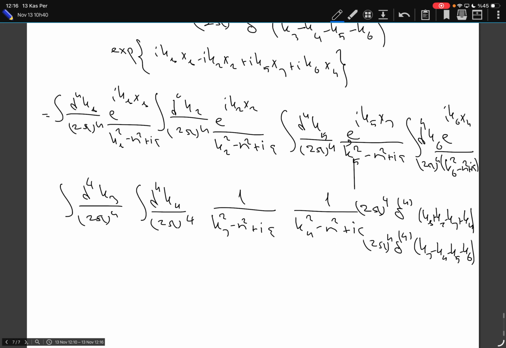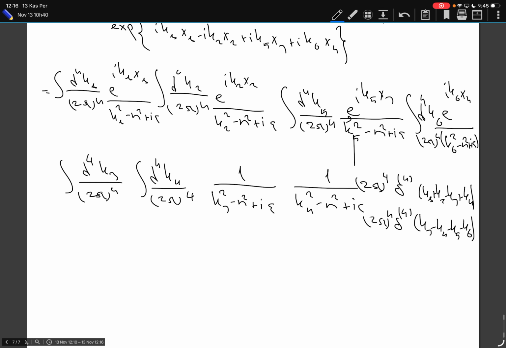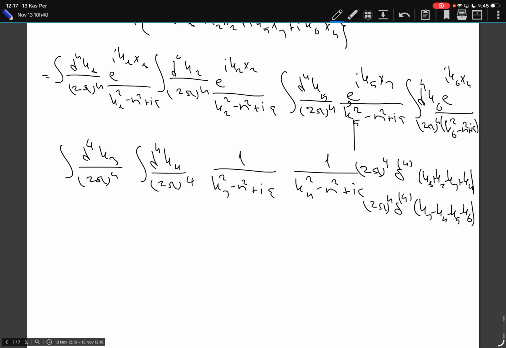And remember, in this notation at least, k5 and k6 are the momenta of the outgoing particles, k1 and k2 are the momenta of the ingoing particles. How do I know that? Because of these exponents. Well, what are those Dirac deltas?